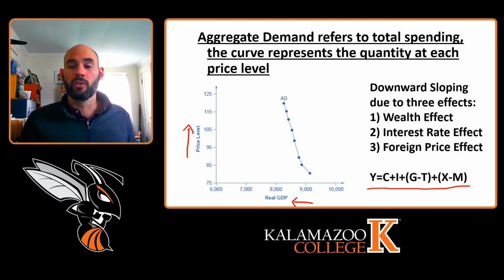And so the wealth effect means that higher prices are going to drive consumption down, which means that our GDP as measured by consumption is going to decrease as well.